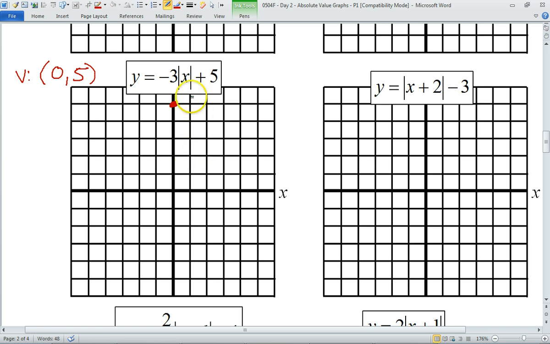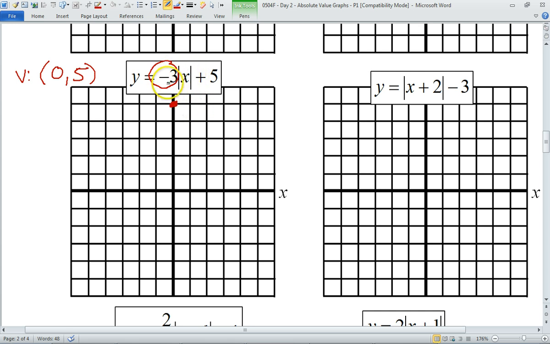Now, Victoria, if I was just doing y equals mx plus b, where would I go from here? Correct. Victoria is looking at the -3. If this were just a line, that's the slope.